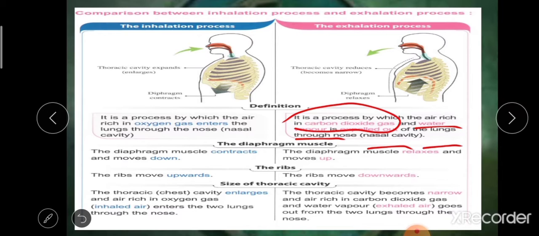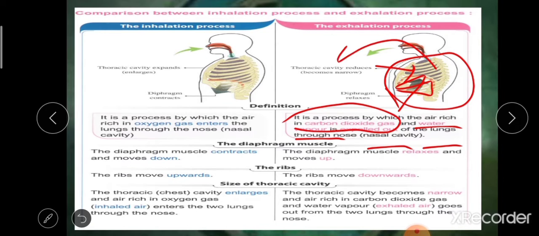The diaphragm muscle relaxes and moves upwards. The rib cage moves downwards. The chest cavity becomes narrow or smaller. Then the exhaled air exits the lungs through the nose, containing carbon dioxide gas and water vapor. This is called the exhalation process.